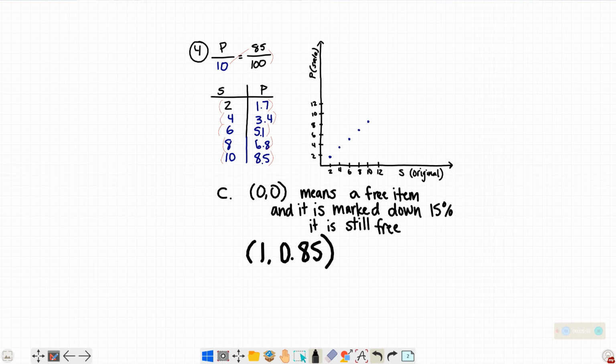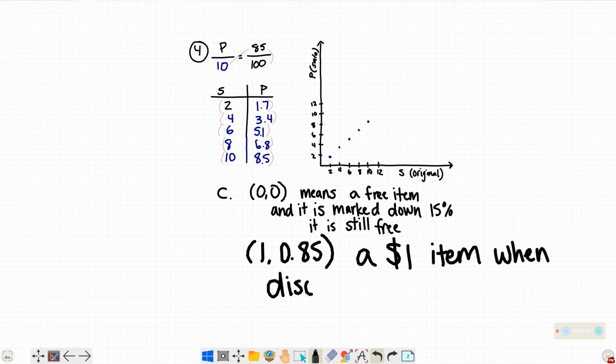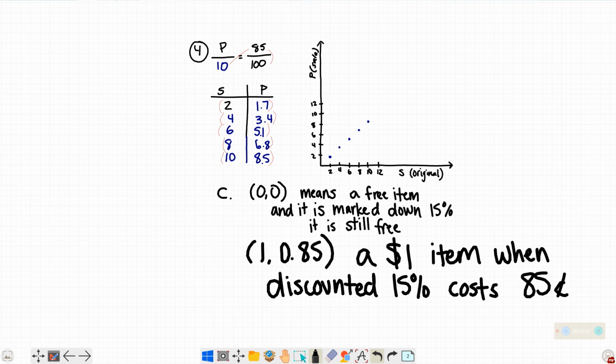So this means a $1 item when discounted 15% costs 85 cents. So a $1 item when you discount it by 15% will cost you 85 cents after that discount is applied.